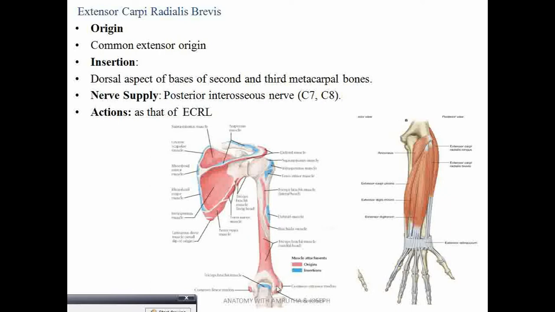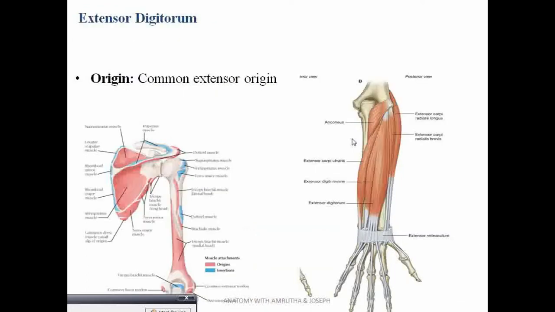This is representing the common extensor origin, a posterior view. The lateral epicondyle of the humerus can be seen. Extensor digitorum originates from the common extensor origin. Extensor digitorum looks like flexor digitorum superficialis and flexor digitorum profundus, which are seen in the anterior compartment of the forearm.